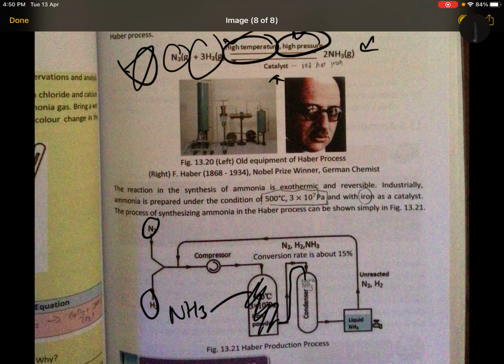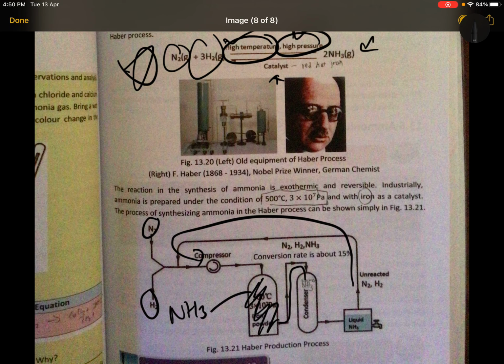After the NH3 is produced, it will go into the condenser where it will be cooled down to produce liquid ammonia. There will always be some remaining nitrogen gas and hydrogen gas, and there will also be some ammonia gas that will eventually escape. So it will go back and then start the whole process again.